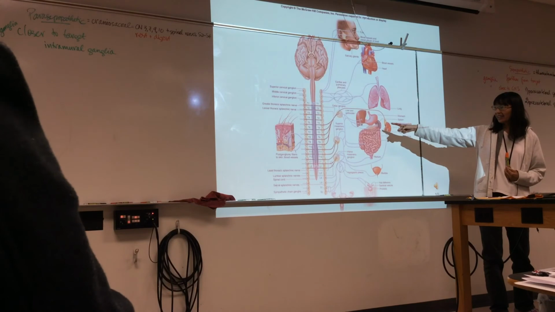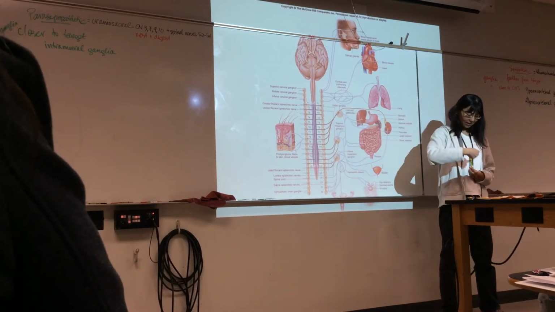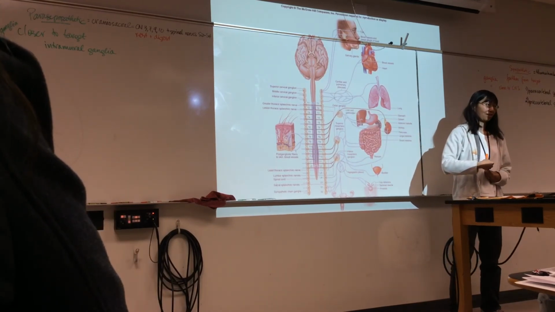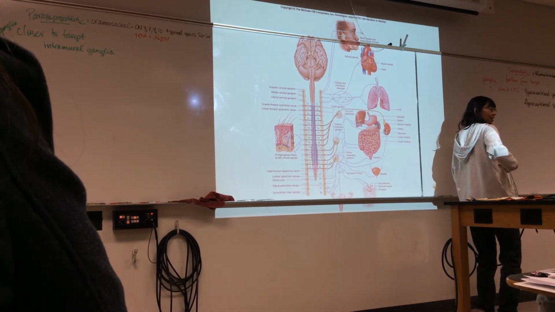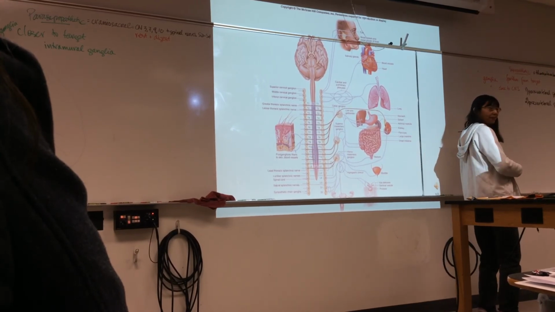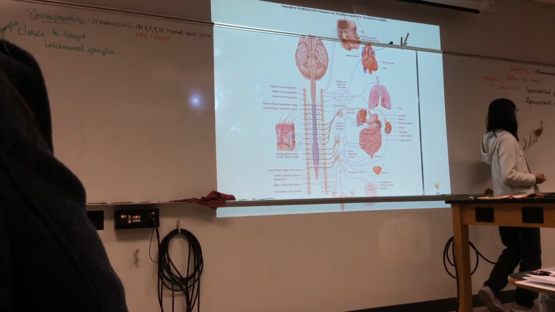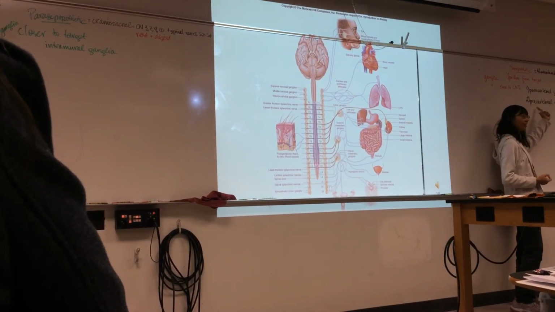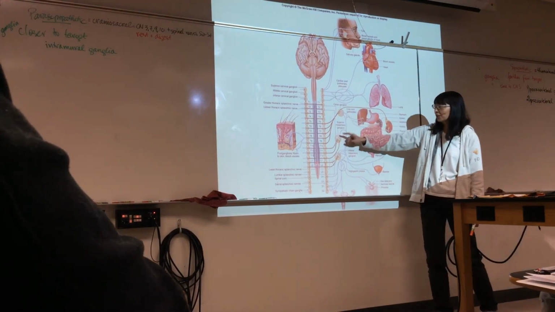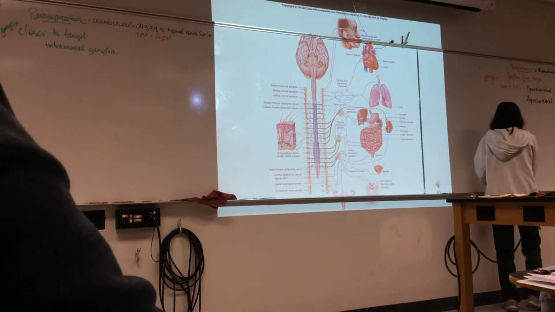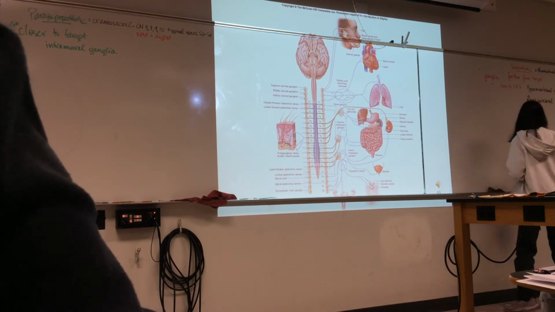Well, this ganglion is sitting right there on the celiac trunk. So that's why they name it prevertebral. Does that make sense? What does pre mean? Before the vertebra. And that's 3. 1, 2, 3. All those are prevertebral.